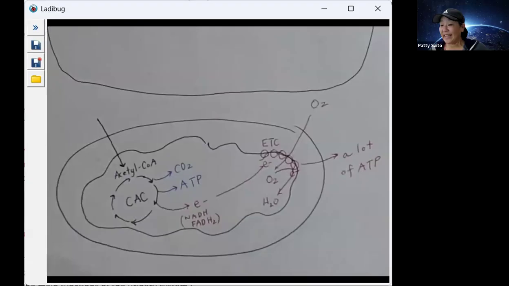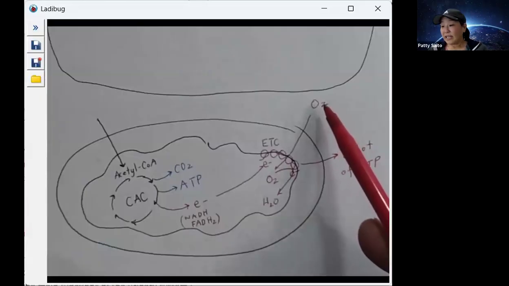Okay. All right. So now, if I ask the question, why do we need oxygen? If you go under the water and you cannot come up and you cannot get oxygen, right? Someone cuts off your supply of oxygen. What happens? Why do we die?